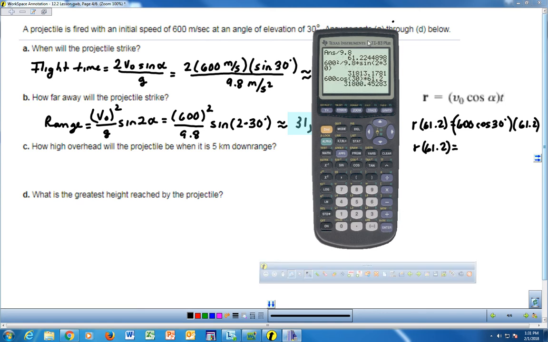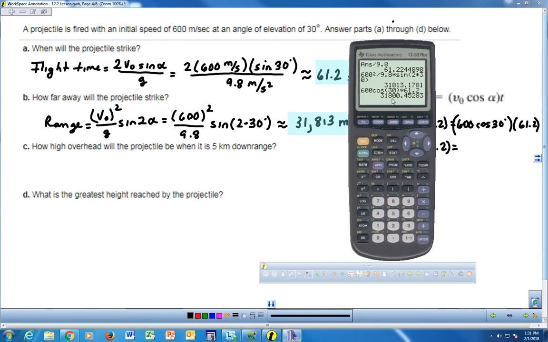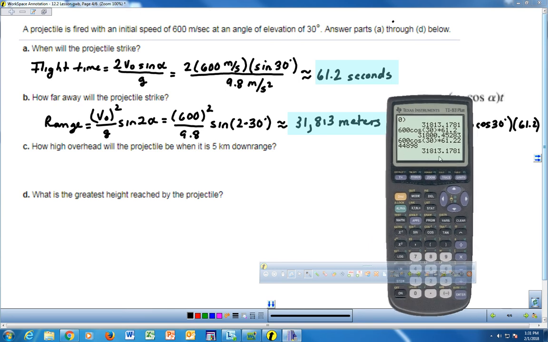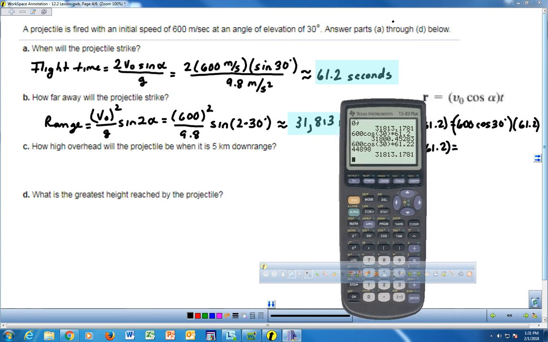That would be about 31,000. You see that it is not exact because we rounded the time to 61.2. If you use 61.2244898, which is the exact time, you will see, let me just extend it so you can see, it gives us a closer approximation, 31,813 meters approximately, which is the same answer.